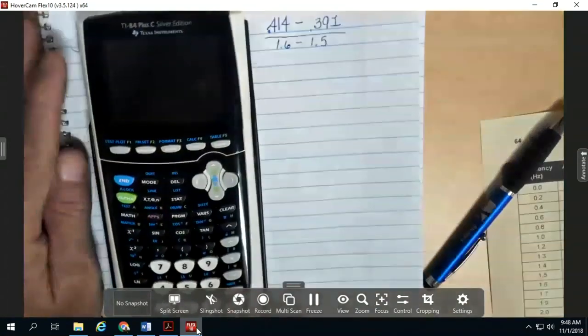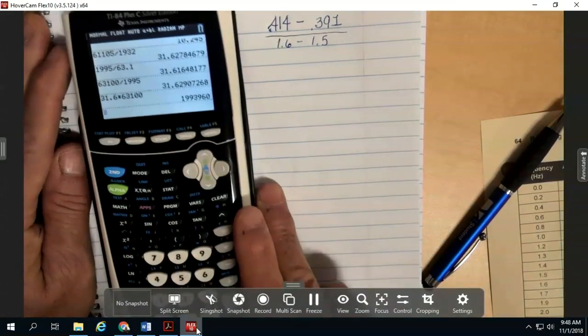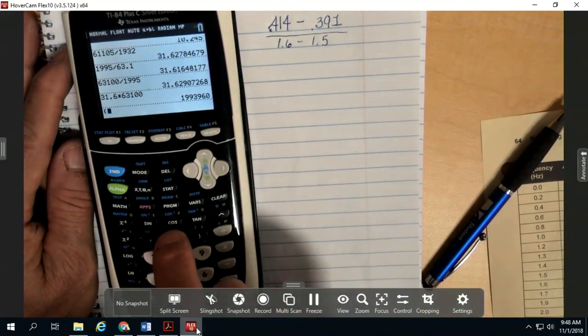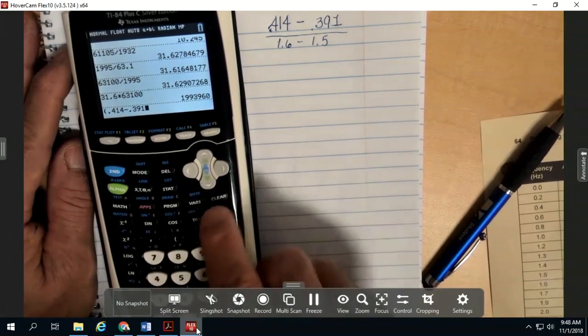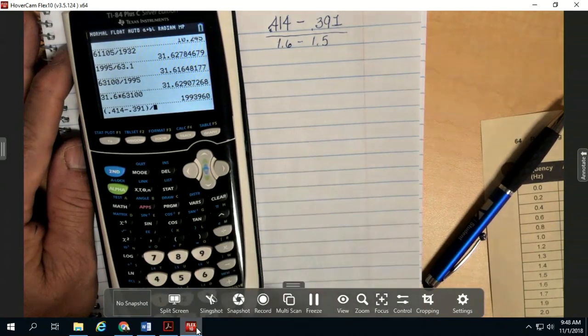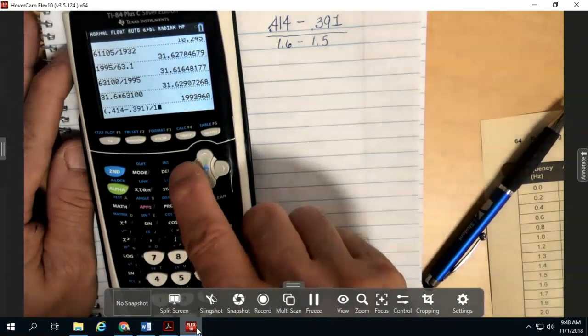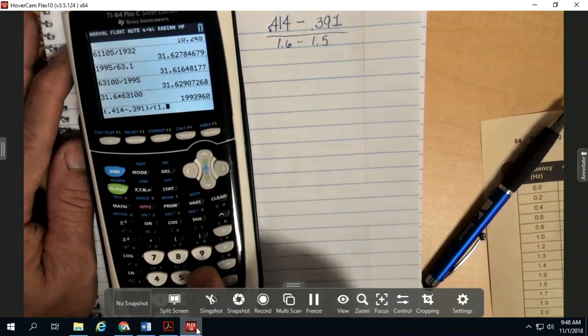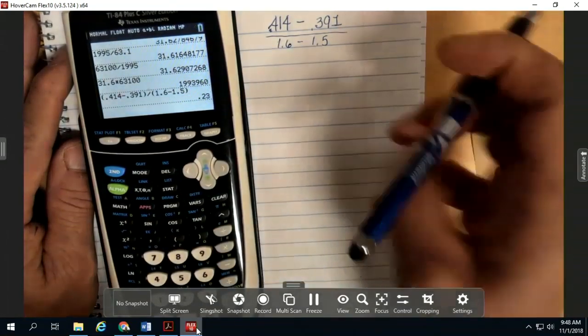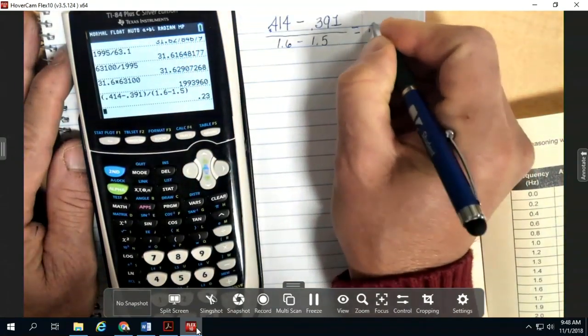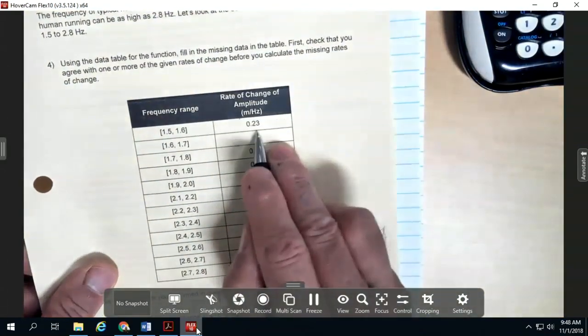When I do that math, parentheses, 0.414 minus 0.391 divided by parentheses, 1.6 minus 1.5, and I get 0.23. So my table says that the rate of change in amplitude is 0.23.